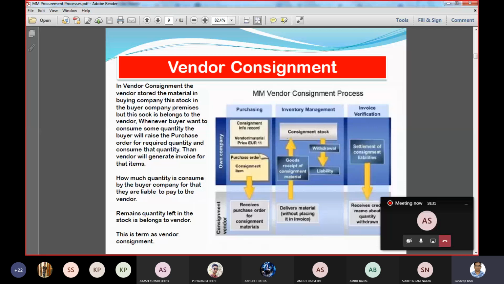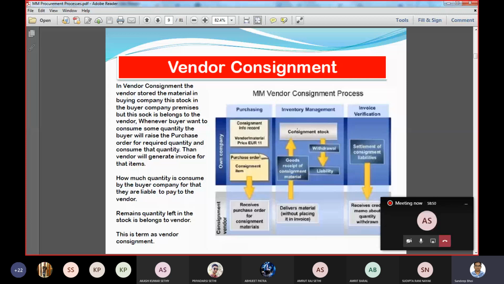All the consignment stock will be there in your organization, stored for that particular vendor. This vendor has supplied the stock to this consignment stock.